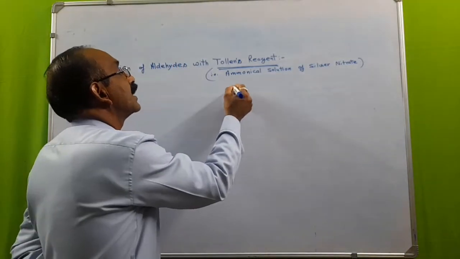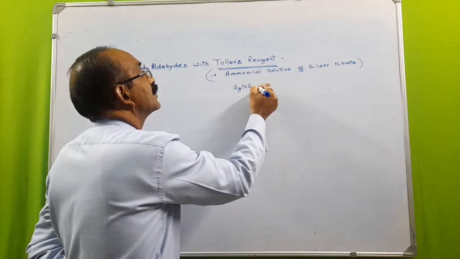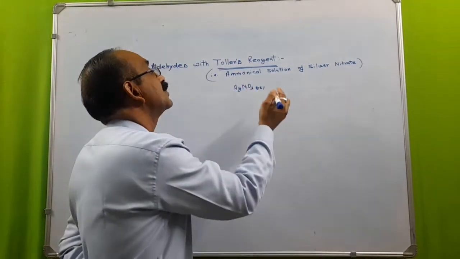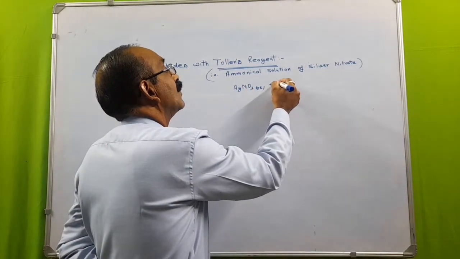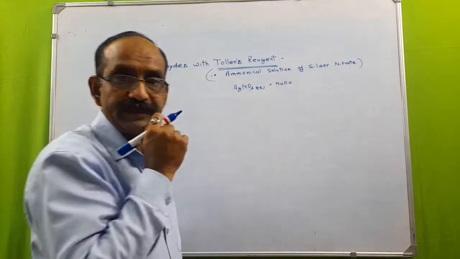We used to take the AgNO3 solution, aqueous solution, and in this solution we used to add sodium hydroxide.